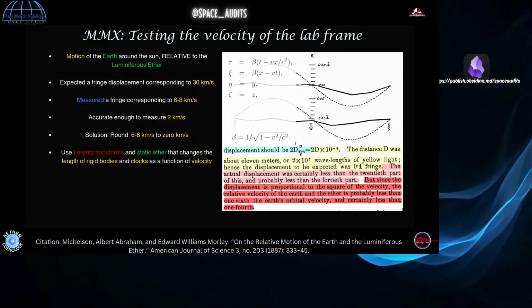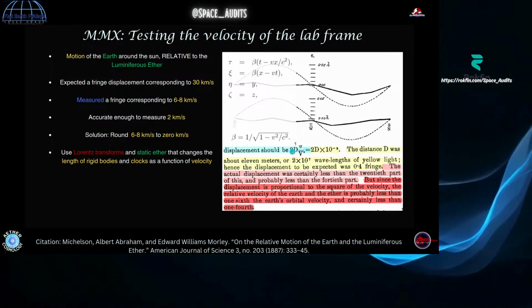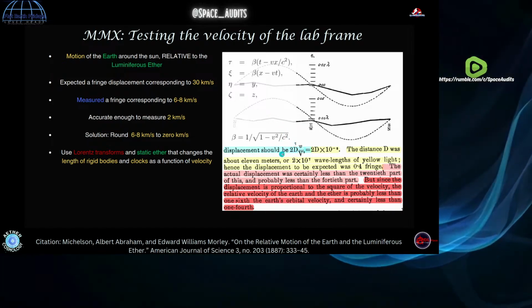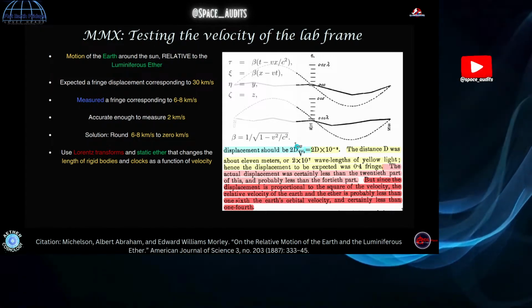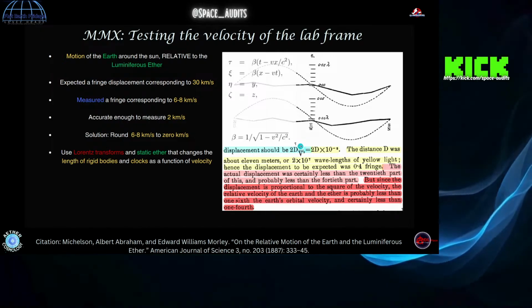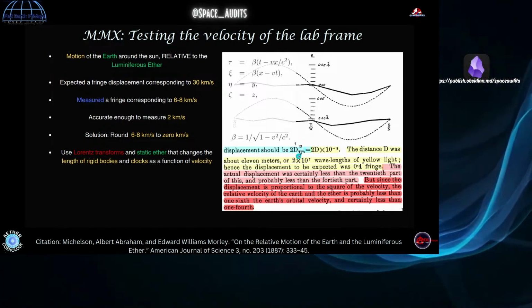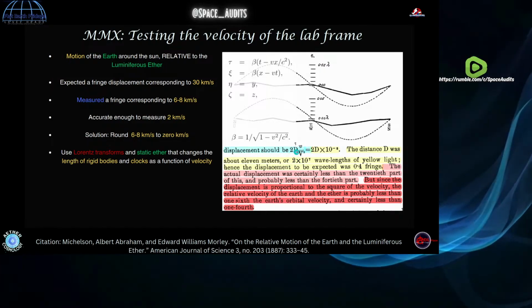Later in 1913, when Sagnac does his derivation, the formalism looks a little different, but in modern times, when you reduce it down, it's identical to this original equation from Michelson-Morley, where it's just the length or area of the path length times the angular velocity or linear velocity over the speed of light and the wavelength.